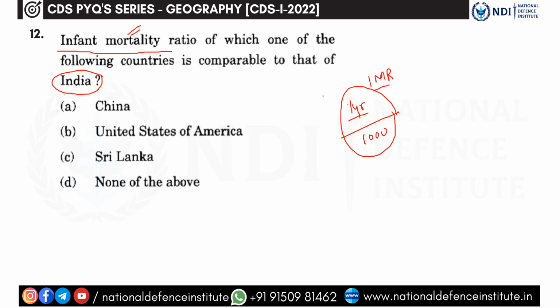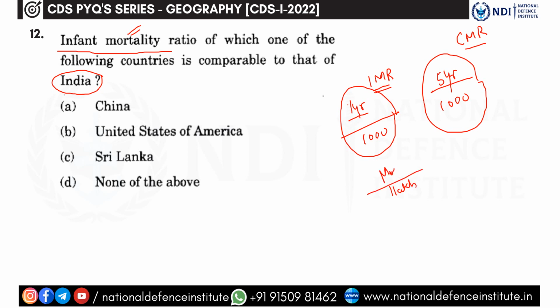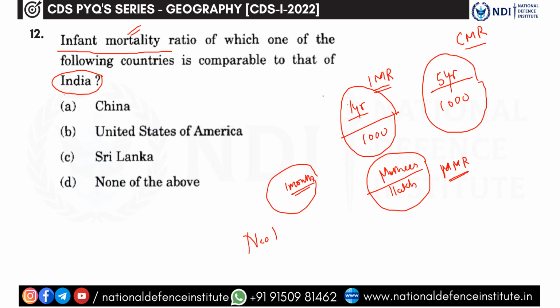If the same thing is for less than 5 years for 1,000 children, we call that child mortality rate. And similarly, if we have 1 lakh mothers, how many mothers are dying for 1 lakh mothers? We call that maternal mortality rate. And babies who die within 1 month, we call that neonatal mortality rate.